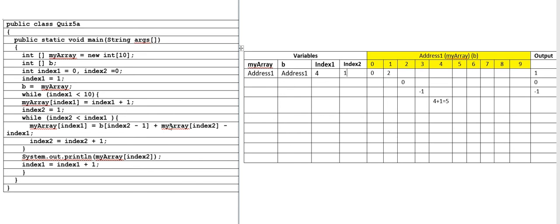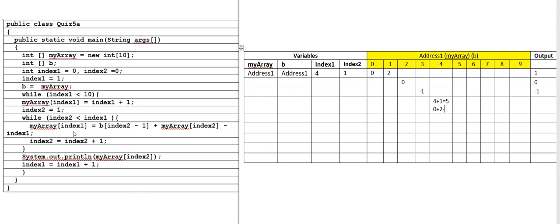So we're adding the value of b at the previous index of index 2. Since we're subtracting 1 from index 2, and the value of index 2 is 1, we get the value at index 0. So we're adding the value of b at the previous index of index 2, which is 0, and we're adding the value of my array at index 2, which is 2.